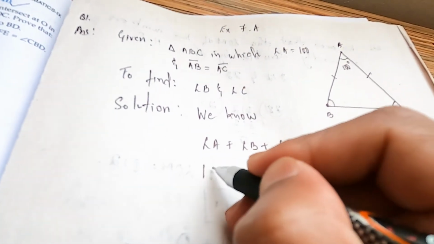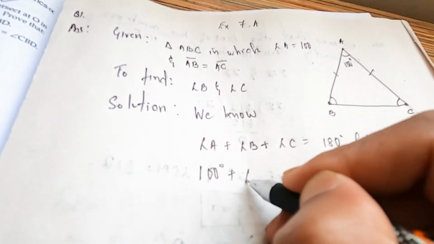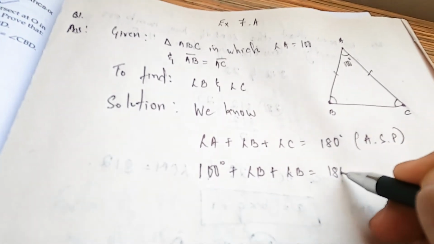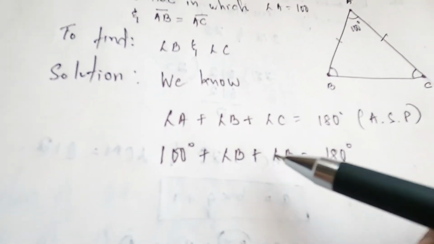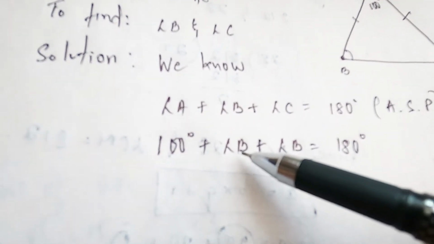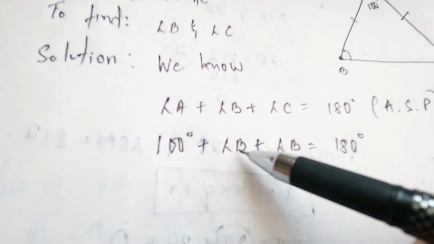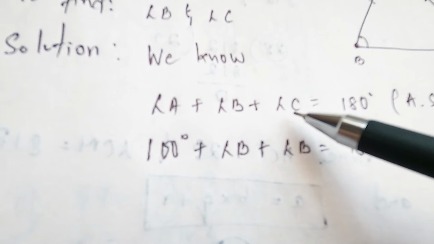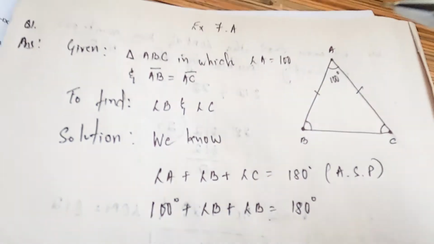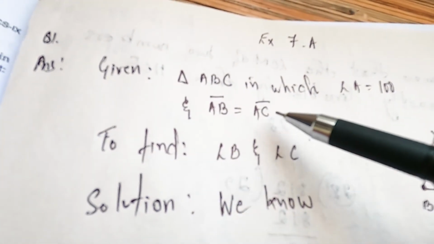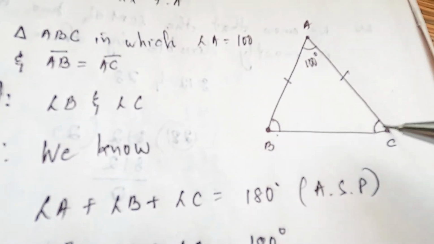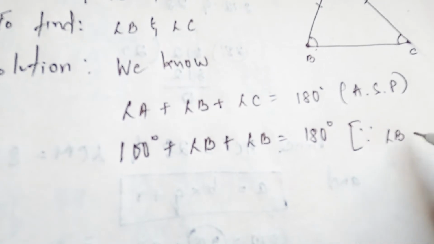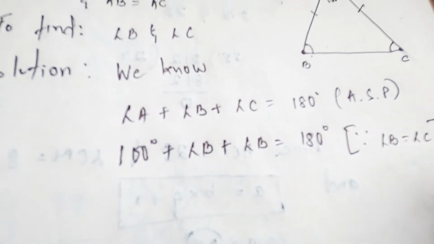So angle A will be 100 degrees plus angle B plus angle B is equal to 180 degrees. You might be thinking, why am I writing angle B plus angle B when it is angle C? Like I've told you before, since AB is equal to AC, it simply means that angle B is equal to angle C. So you can write here, since angle B is equal to angle C.